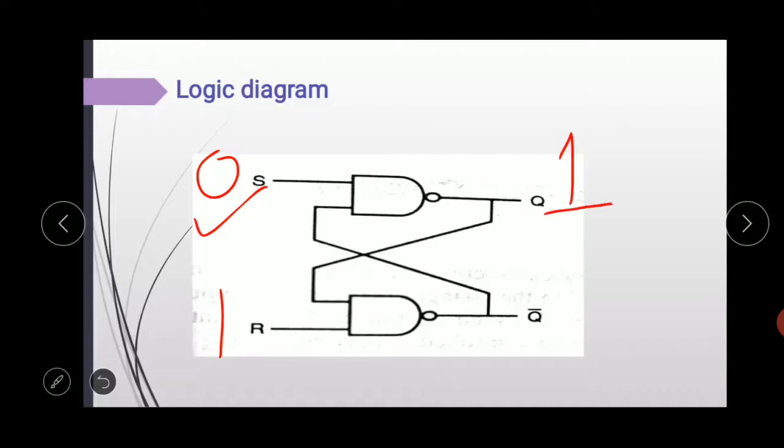This 1 is given here as input, so when we give 1 1 at the input of the NAND gate, at the output we get 0. So for input combination 01, the output Q is 1 and Q bar is 0.